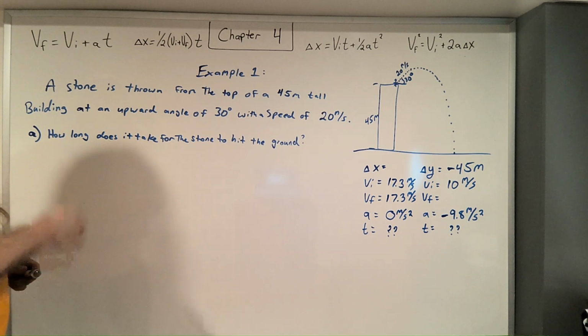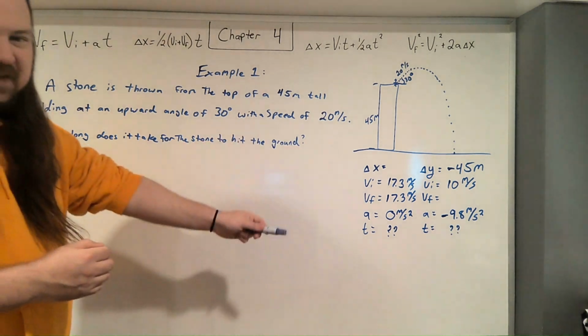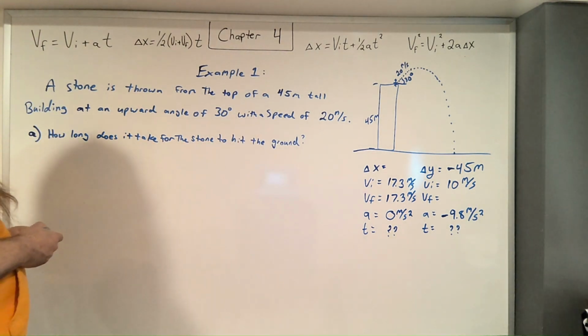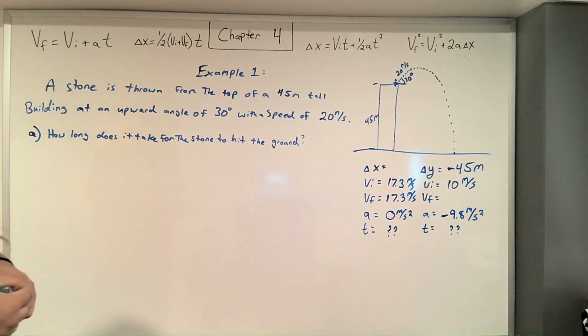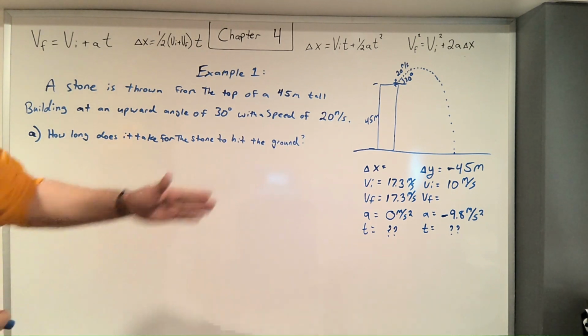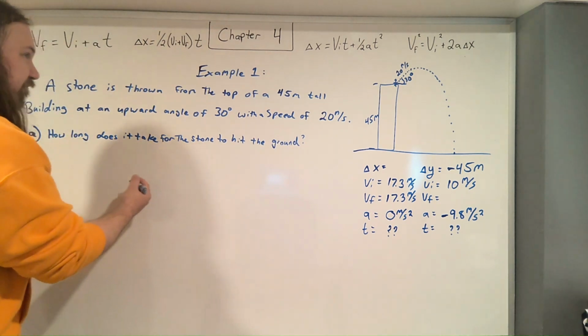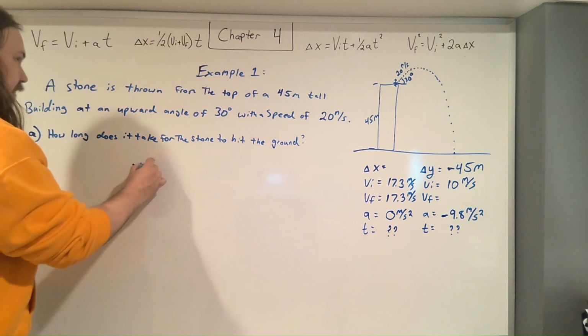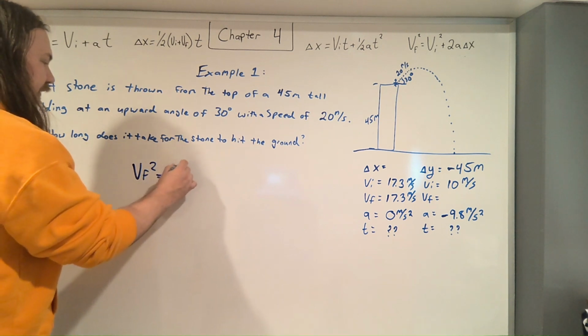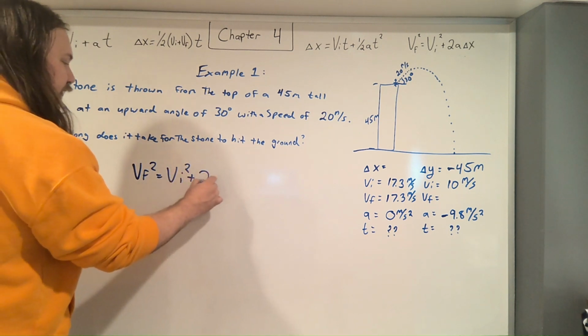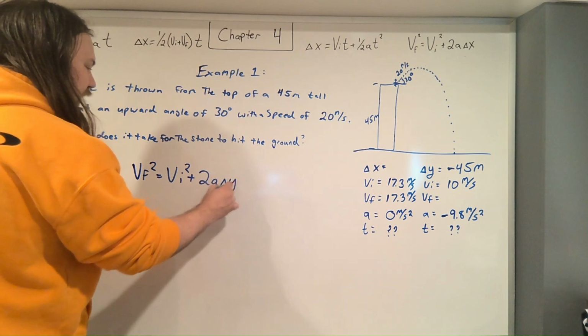So what I want to do for the VF would then be that t is the variable I do not care about. In that case, then I would use the fourth equation. The fourth equation being VF squared is equal to VI squared plus 2a change in y.